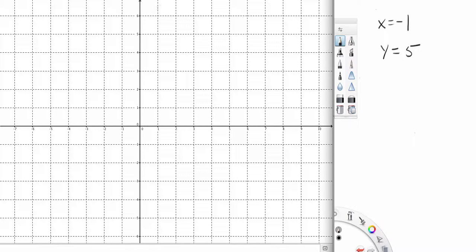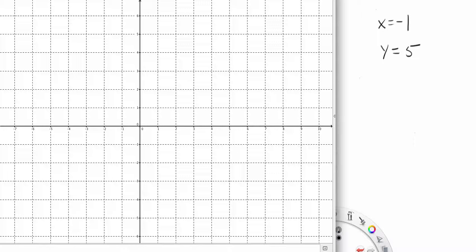So the line x equals 5. I'm sorry, x equals negative 1. I go x equals negative 1, and I can put a point anywhere I like. So I'll choose this one, and I know the line's going to be a vertical line like that. The line y equals 5. I go up in the y direction 5, and I pick a point, and I pick another point. It doesn't matter which one, as long as the y coordinates are both 5.